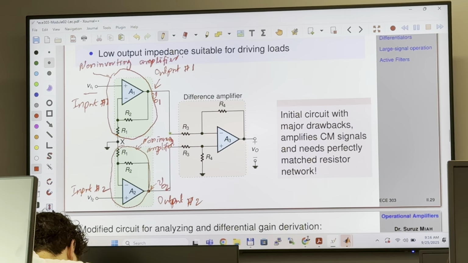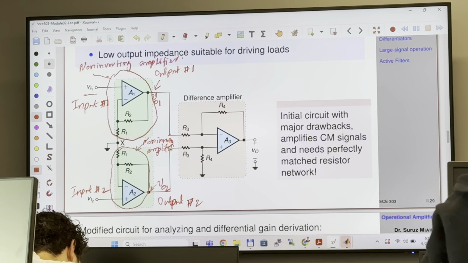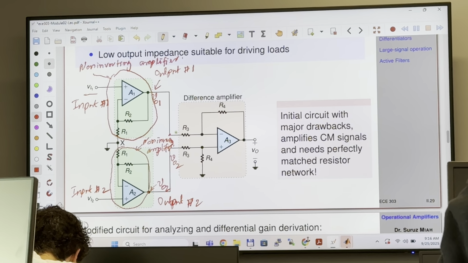Whatever inputs you have here, you have V out 2 and V out 1.